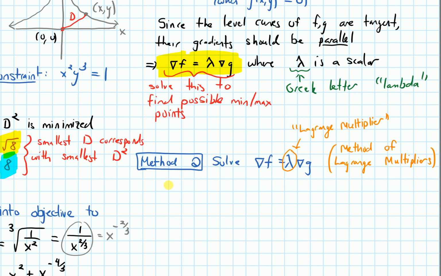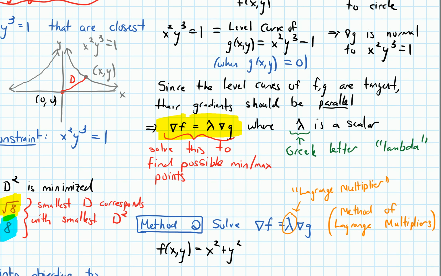All right, so let's do this. Let me begin by writing down what our function f of x comma y was. It was x squared plus y squared. We had already written down our function g. G is the function that you get from taking your constraint and rearranging it so that everything is on one side and the other side equals 0.